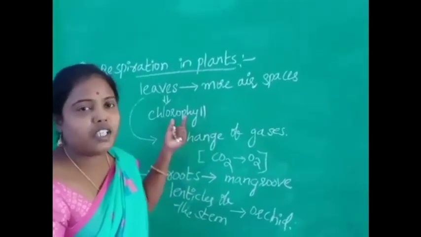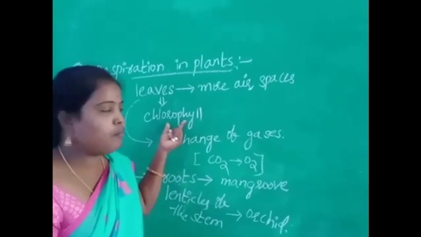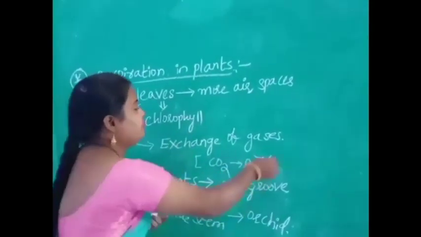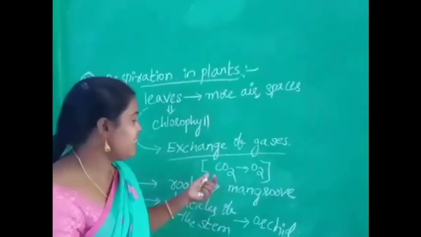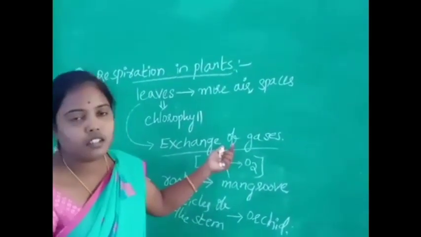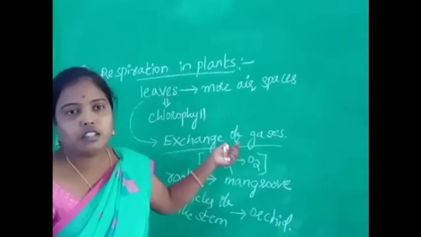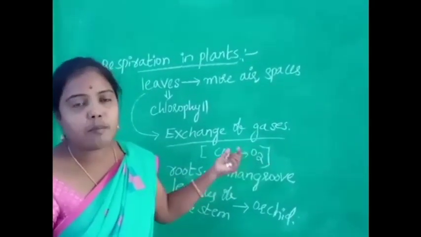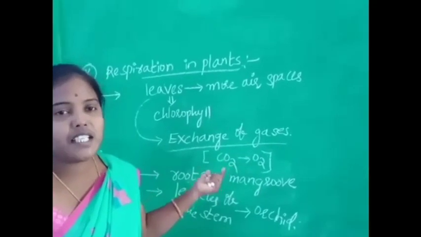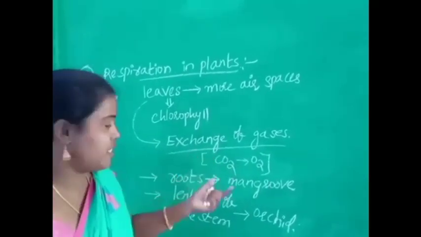That's why the leaves can perform a function, that is gaseous exchange. The carbon dioxide gas which enters the leaves is converted into oxygen. Here the leaves carry out the gaseous exchange process in the plants.